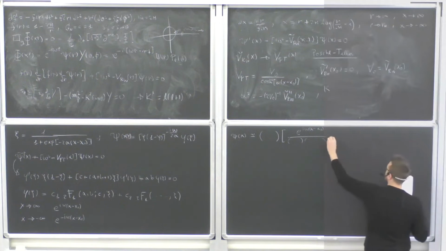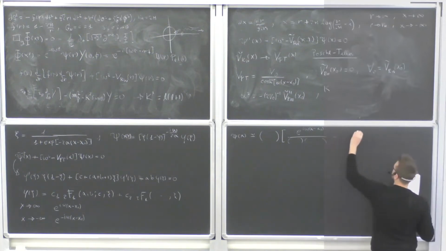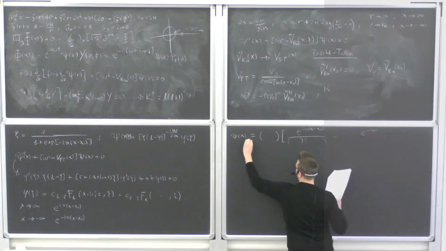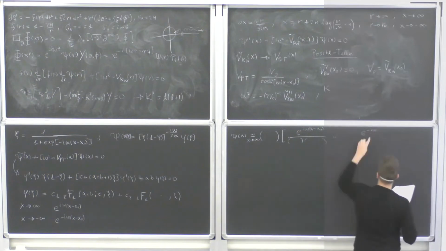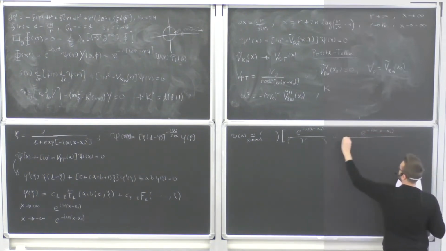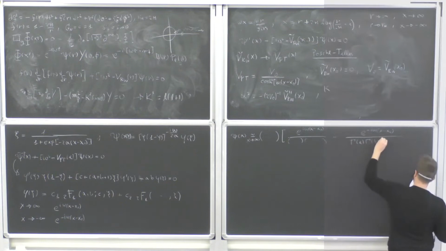But the interesting part is this one. You will have also an ingoing behavior. So this is I'm expanding at infinity. So you also have an ingoing behavior here. And you will have gamma of A, gamma of B, and gamma of 1 minus A minus B plus C.